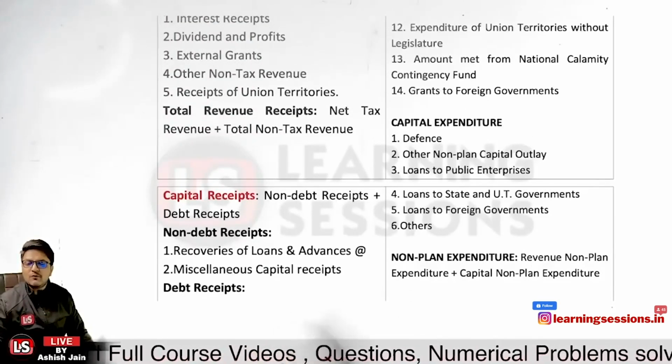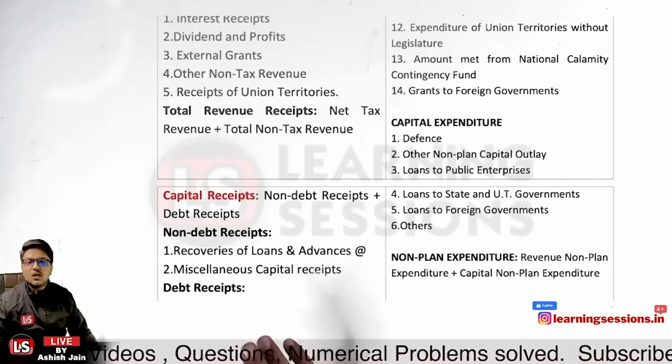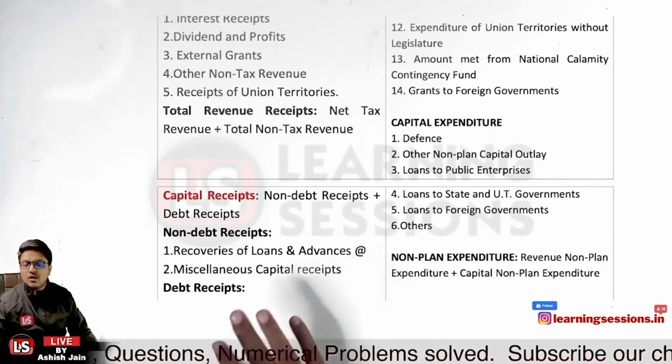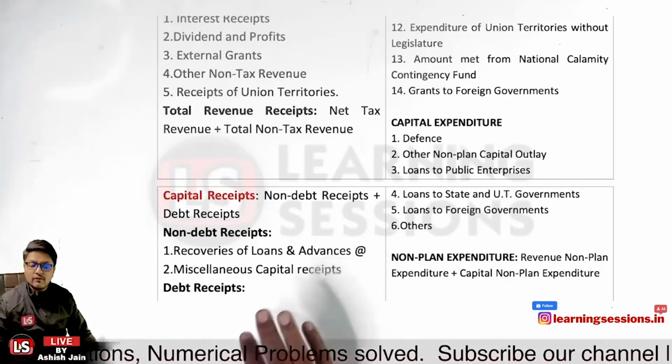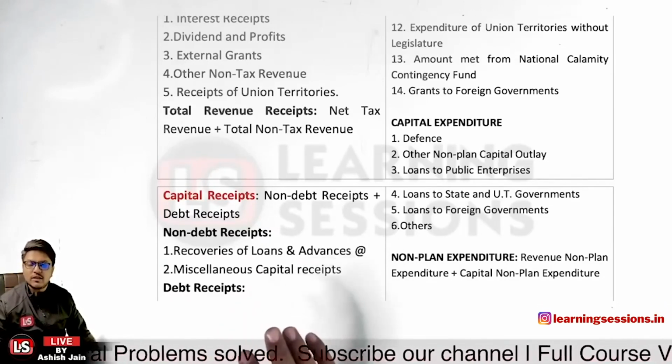So either it will be in the form of the debt receipt, or it will be in the form of the non-debt receipt. When we talk about the non-debt receipt, it will be covering all the different dimensions which are not related to loans and advances.